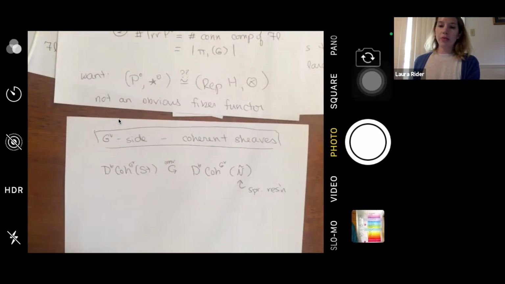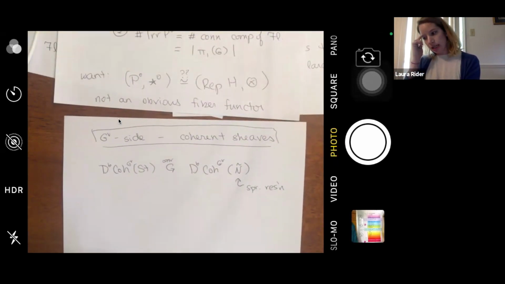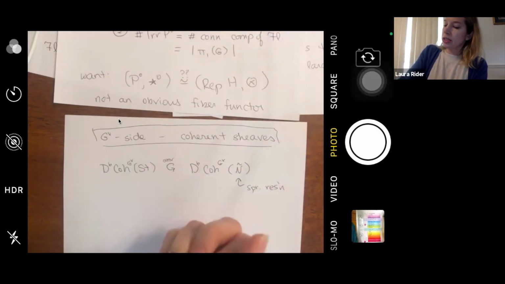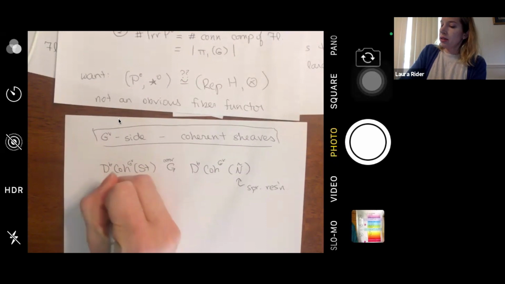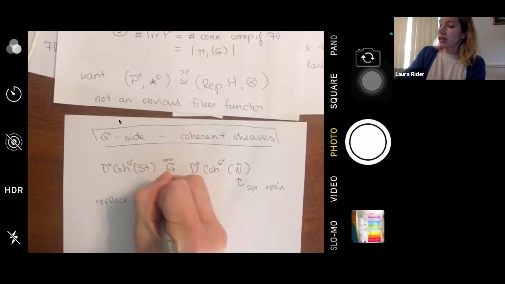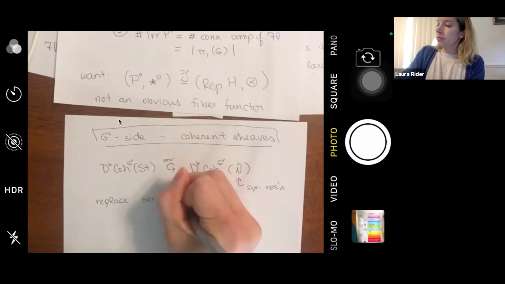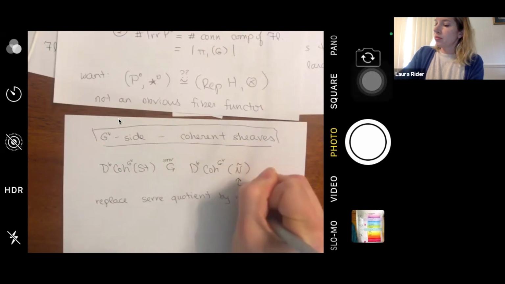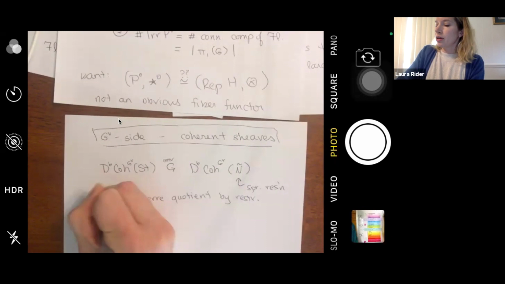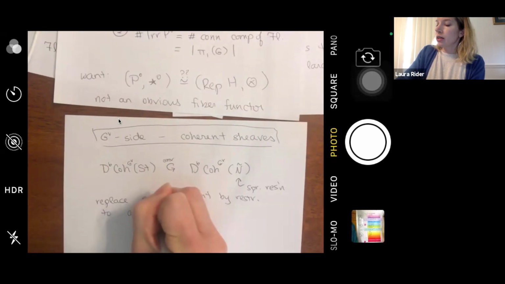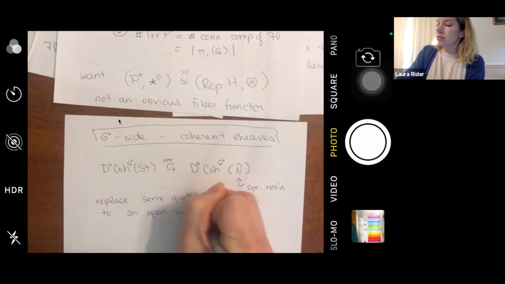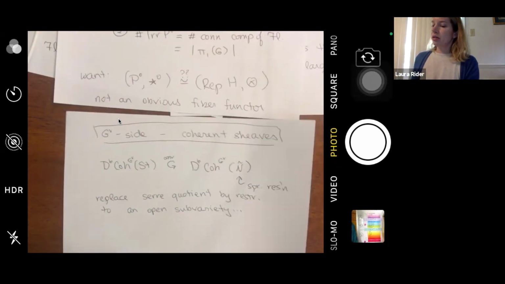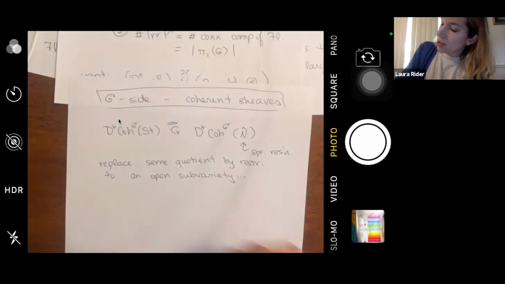And now I want to do something analogous to taking a Serre quotient. Analogous to taking the Serre quotient is restricting to an open subvariety. So what are we going to take? Take the Springer resolution.